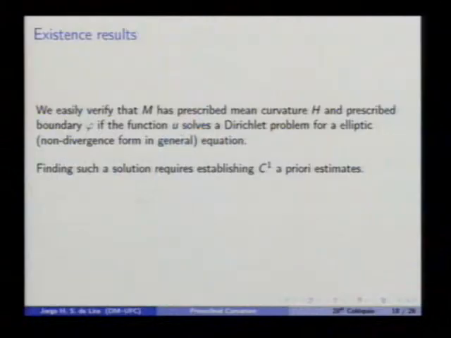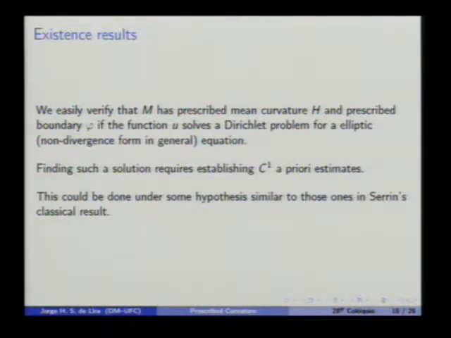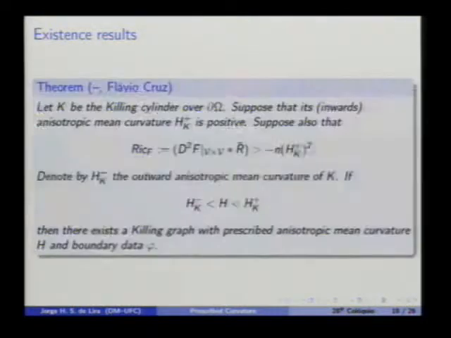This could be obtained by considering again the Killing cylinders as barriers and making the correct choice of test functions in order to control the gradient and the height of the graph. And you obtain a result similar to the classical Serrin result in the isotropic case. This was obtained by myself and a student of mine, Flávio Cruz. And you consider, again, the Killing cylinder over the boundary of omega.